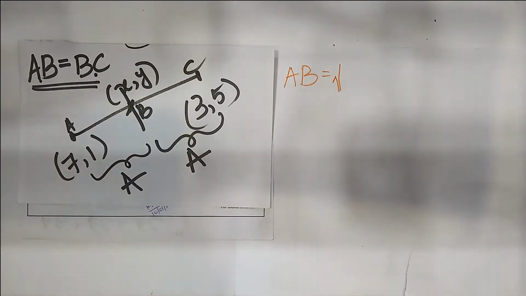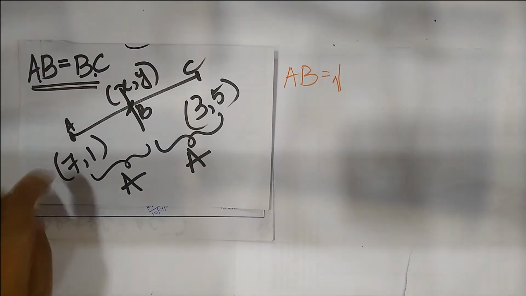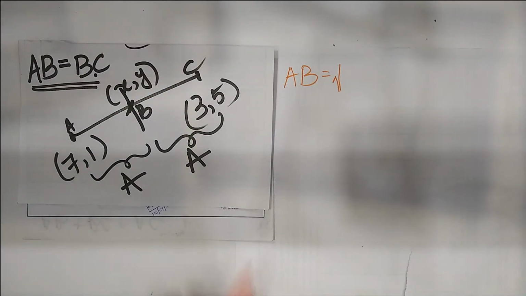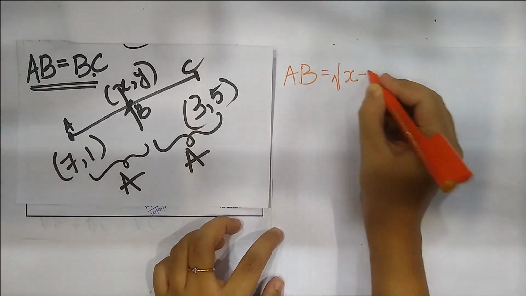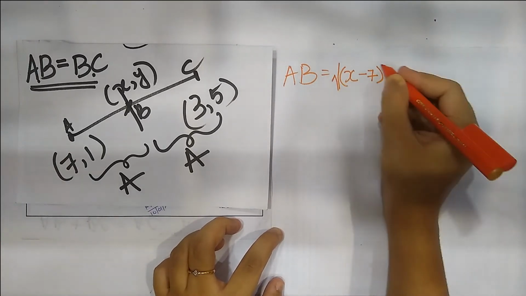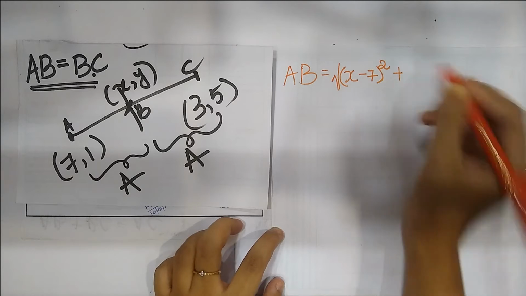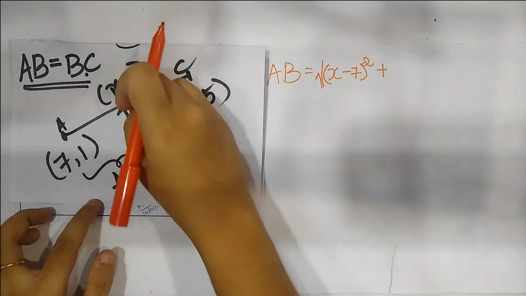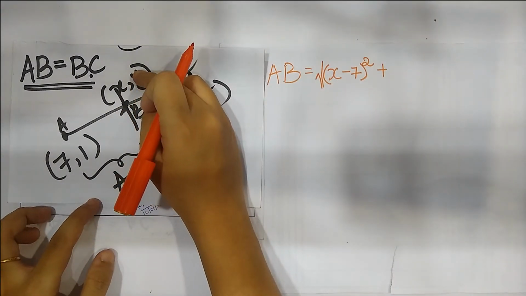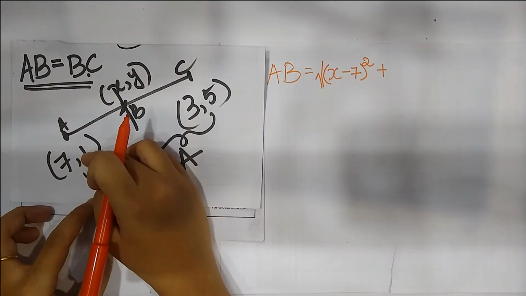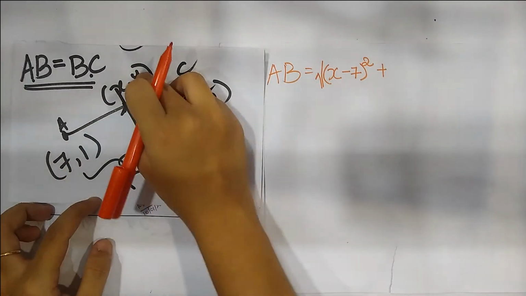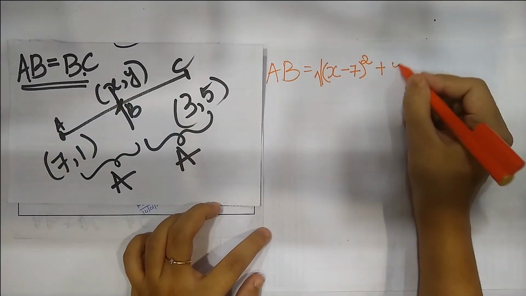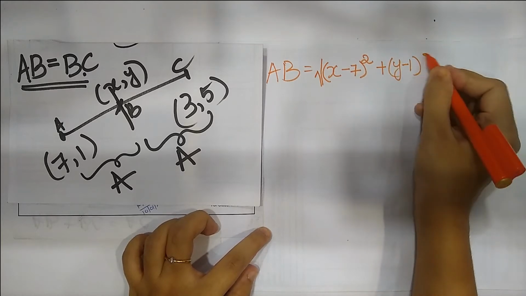That is equal to x. What is x1? That is equal to 7. So it will be x minus 7 the whole square, plus y2 is equal to y and y1 is equal to 1, so y minus 1 the whole square.